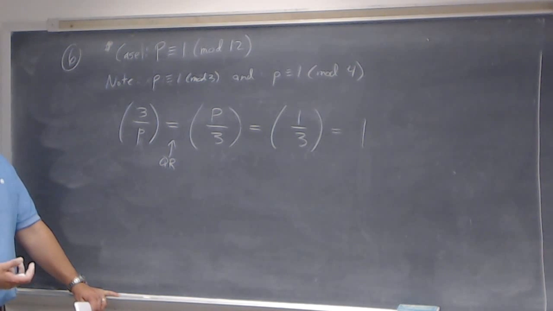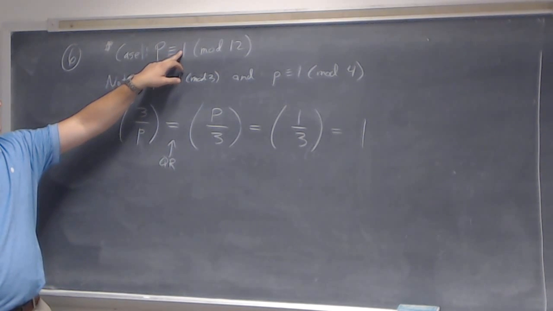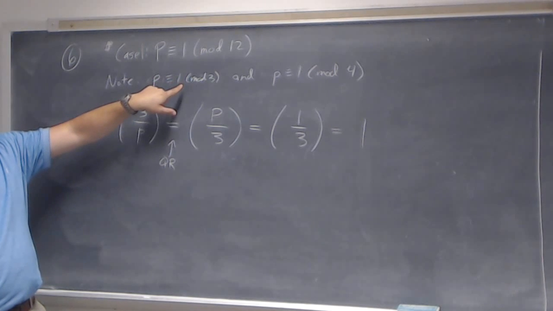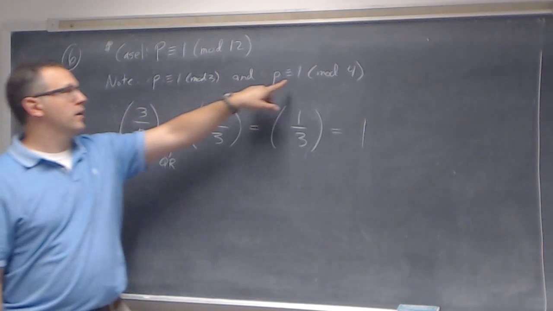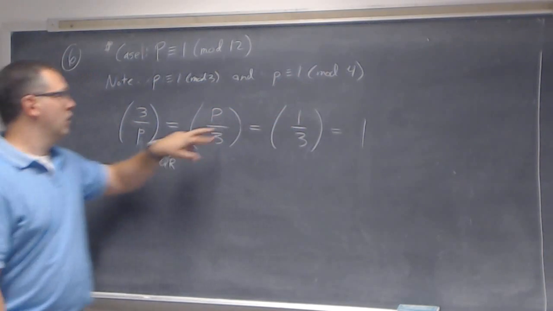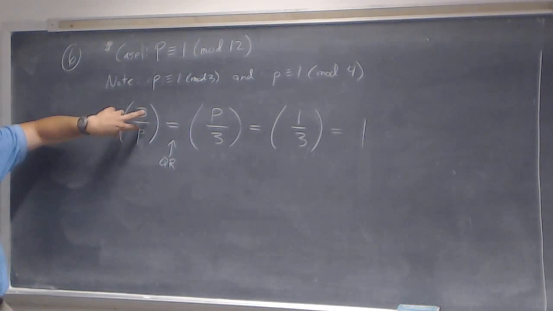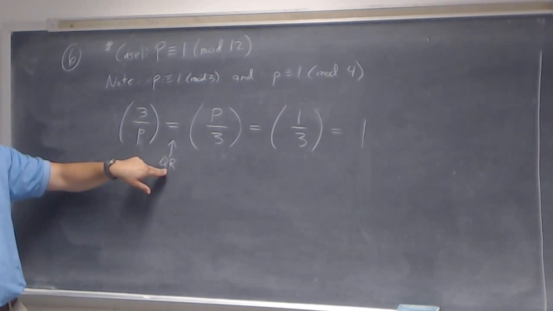The other 3 cases are very similar. Like if this was minus 1, then P would be minus 1 mod 3, or 2 mod 3, and it would also be minus 1 mod 4, or 3 mod 4. Then if P is 3 mod 4 and 3 is 3 mod 4, when you flip it, you'd have to put a minus sign here by the law of quadratic reciprocity.